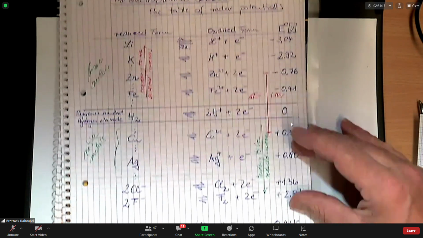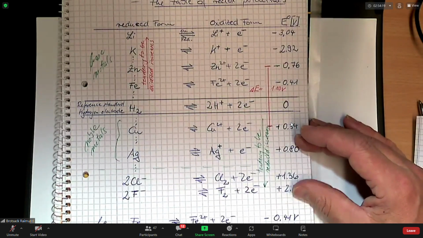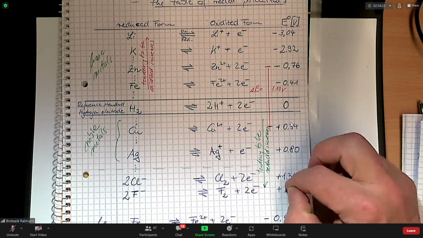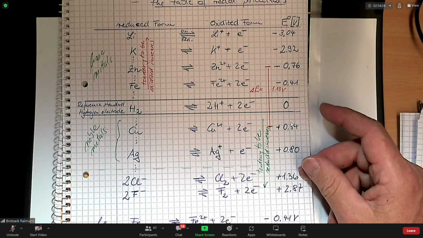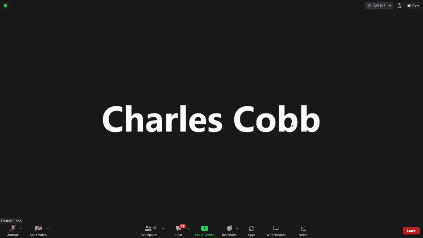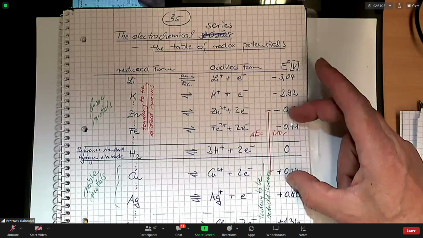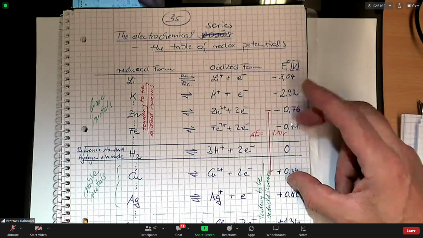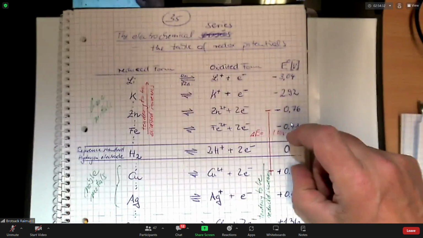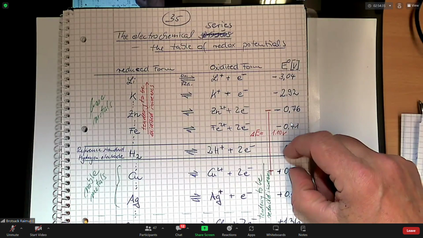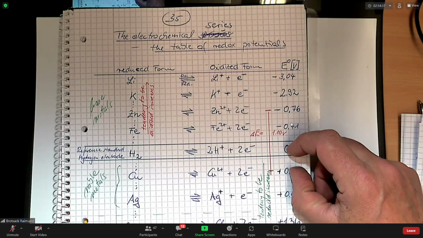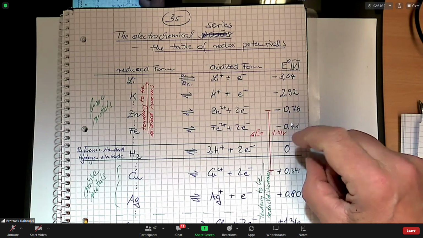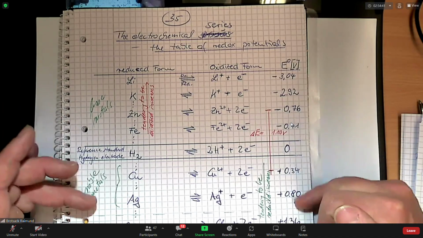A positive value means more noble, or it will be more reduced. And what we can measure is only the difference, or we normalize everything by comparing with the hydrogen system. Everything is measured with the hydrogen system.